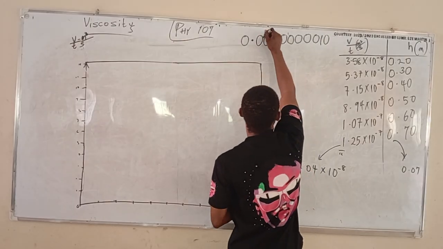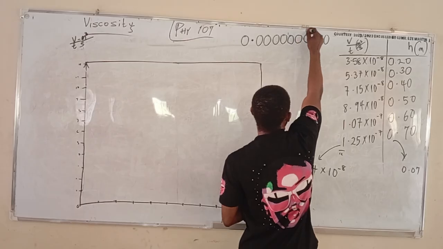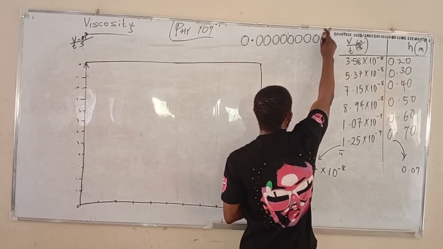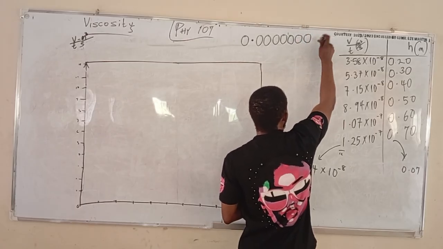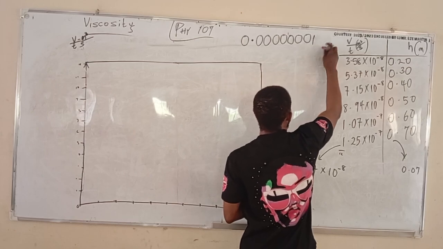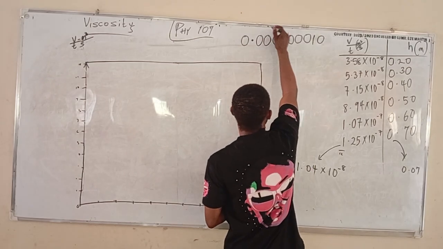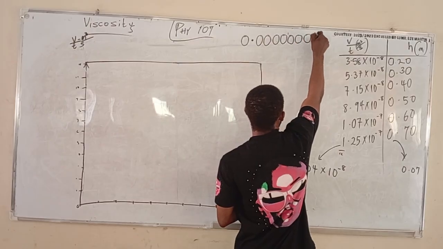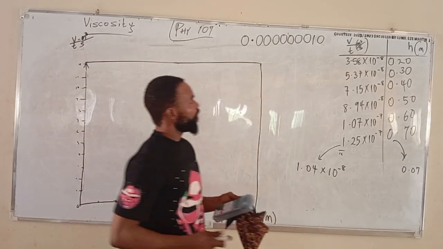Let's check something. 1, 2, 3, 4, 5, 6, 7, 8. No, it's supposed to be here. 1, 2, 3, 4, 5, 6, 7, 8.